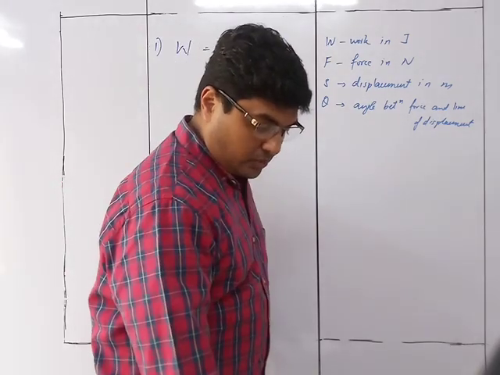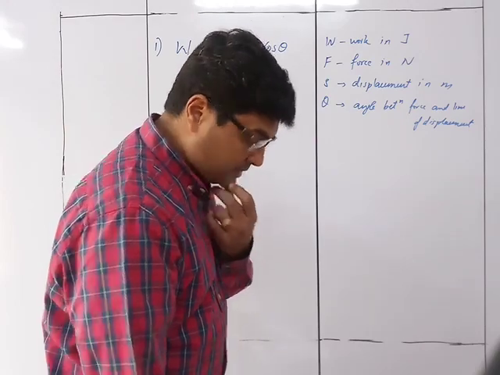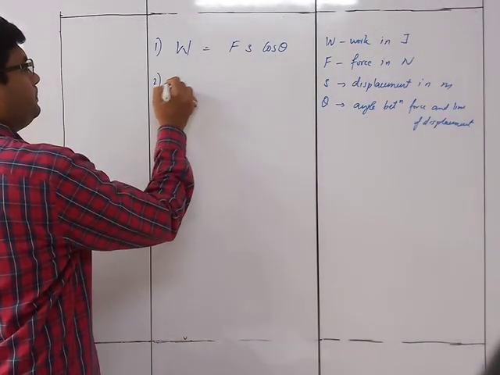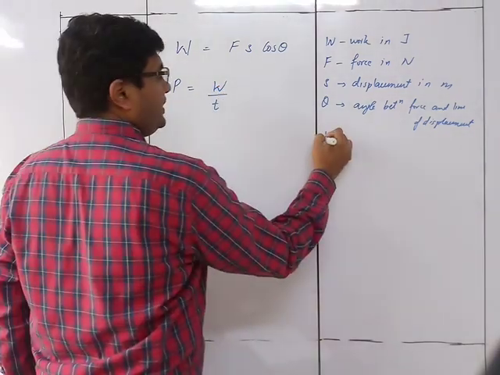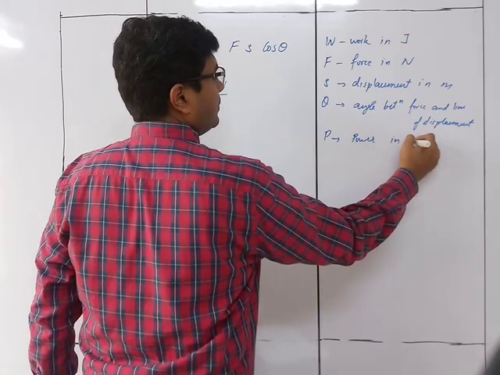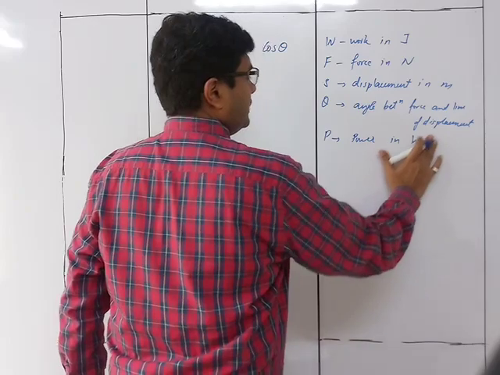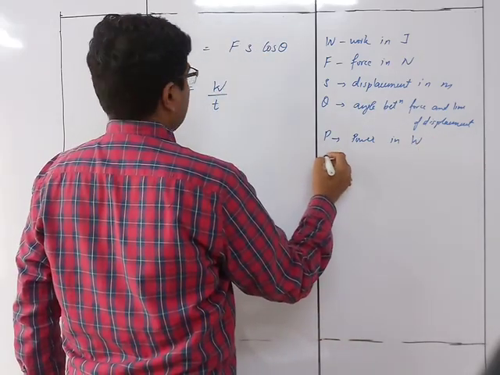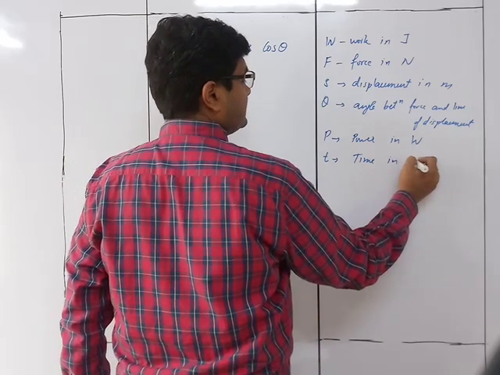The next one we have over here is power. P is equal to W upon T, where P is the power in watt, or just say W. Then T is time in seconds.